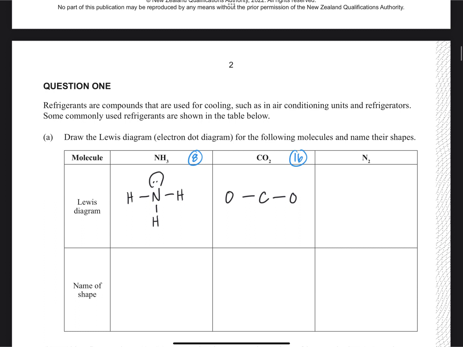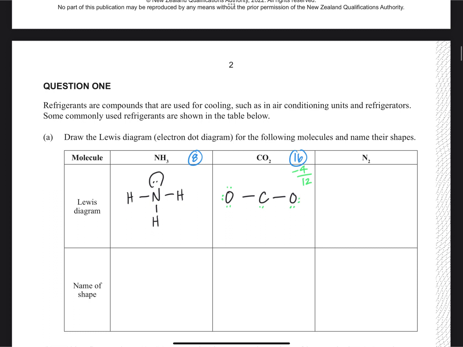Even though we know oxygen is probably going to want some double bonds, let's go ahead and work this out the long way, and double check that those oxygens really do want their double bonds. If I've spent 4 electrons on those single bonds, that means I have 12 electrons left. So we've got 1, 2, 3, 4, 5, 6, 7, 8, 9, 10, 11, 12.